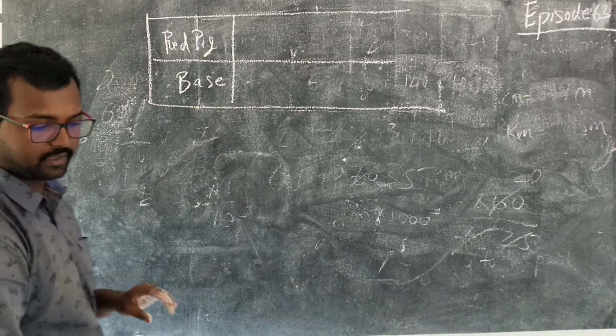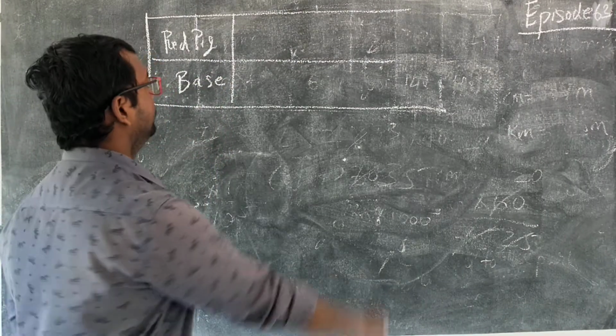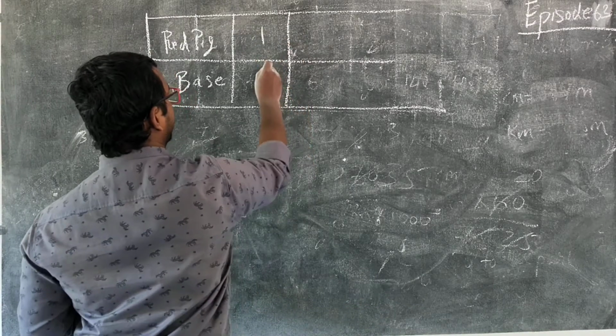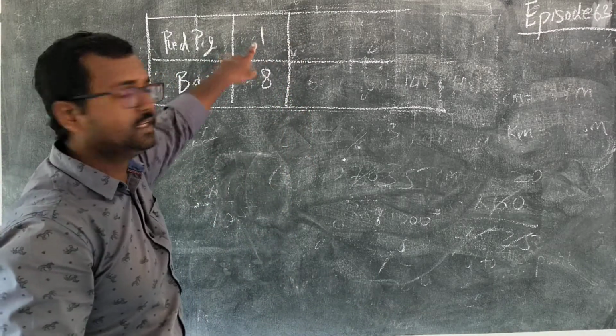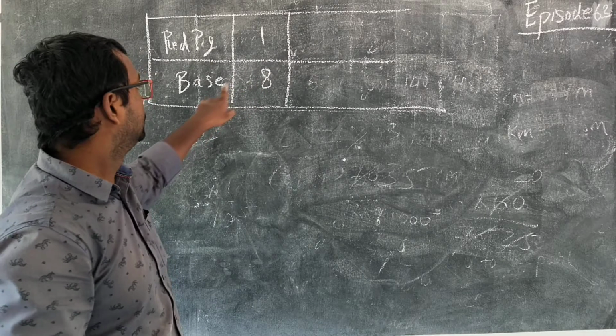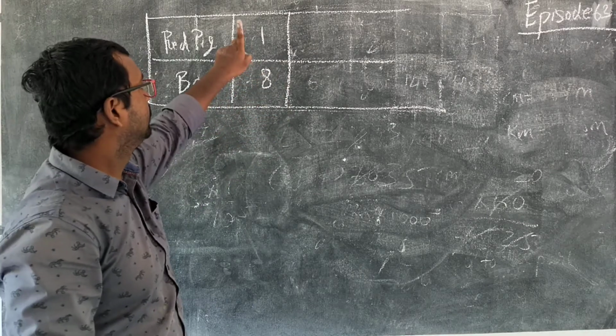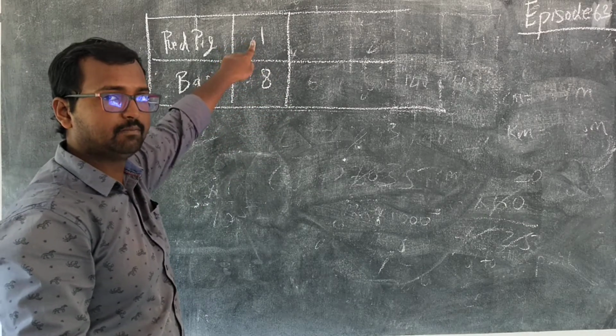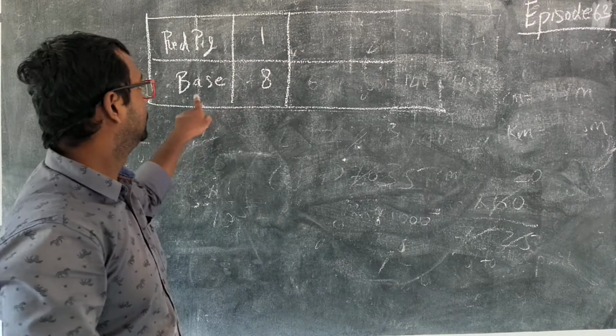For 1:8, it means for every 1 part of red pigment we require 8 parts of base.